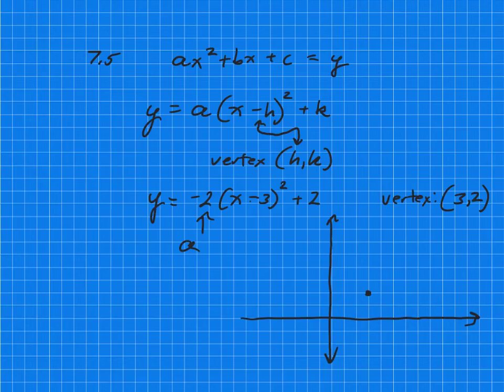In this case, the 2 tells us that if we go to the right or left of the vertex one spot, the next point we can definitively draw will be 2 down. So if I go to the right 1, I go down 2. If I go to the left 1, I go down 2, and that sets me up with a more narrow parabola.